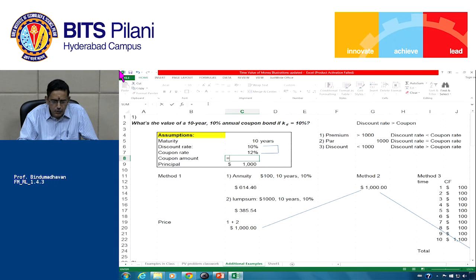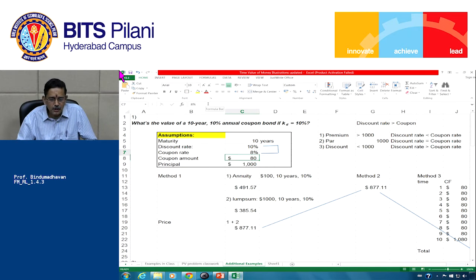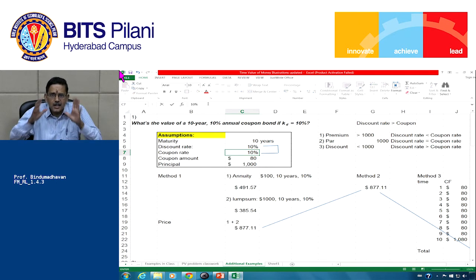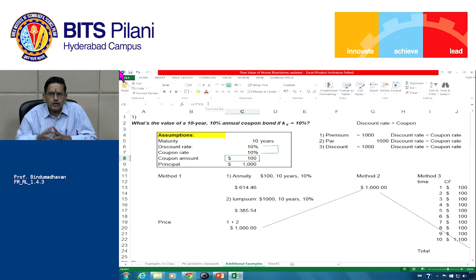We should always put it in a formula. So I take this cell and I multiply it with this cell, so that now if it is 12% we get 120, and if it is 10% we get 100, and if it is 8% we will get 80, and so on. That's how we should build a model. Never hard code. Hard coding will lead to serious problems, especially when the model gets complex.